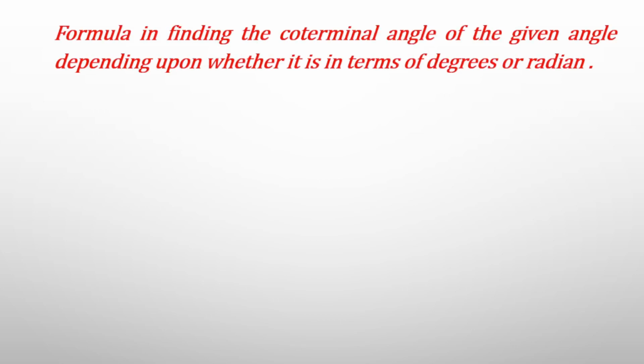Here is the formula for finding the coterminal angle of a given angle, depending upon whether it is in terms of degrees or radians. In degree measure, the formula is 360 degrees times n plus theta.